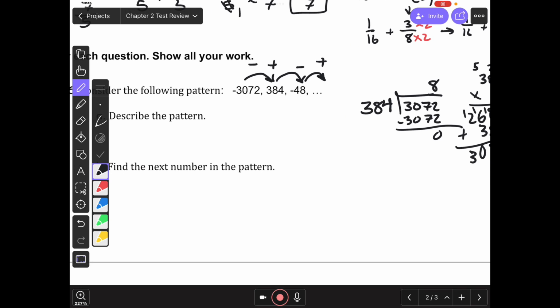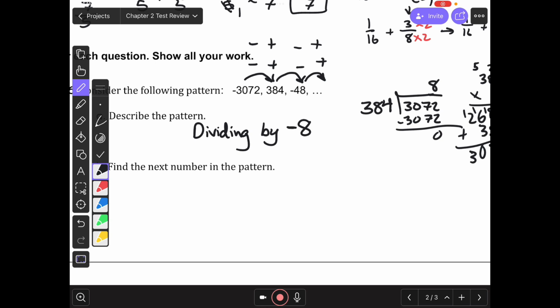So when I describe the pattern, we can say that each time I am dividing, it's going down, I'm dividing by 8, and in order to get this negative, positive, negative, positive, negative 3072 divided by a positive 8 would give me a negative number.